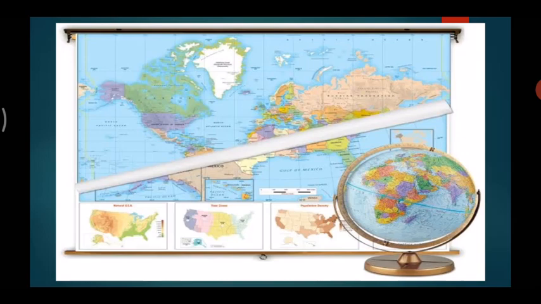A globe is too big, does not have detailed information, and has so many other problems. So to avoid these problems, we require a map. A map can be carried easily whenever we require, and it provides detailed information of that particular region or the particular place.